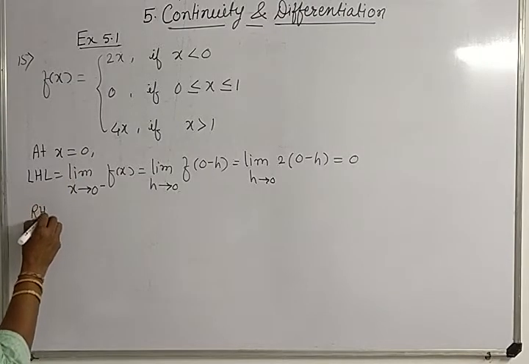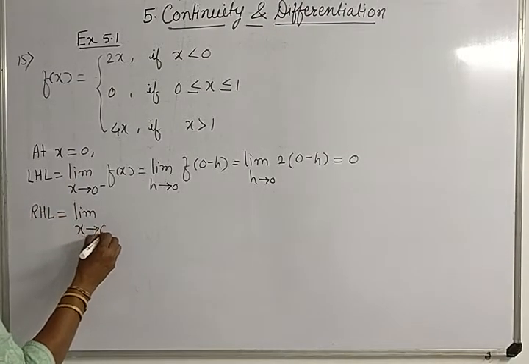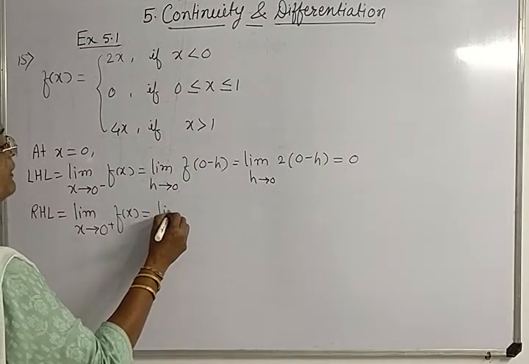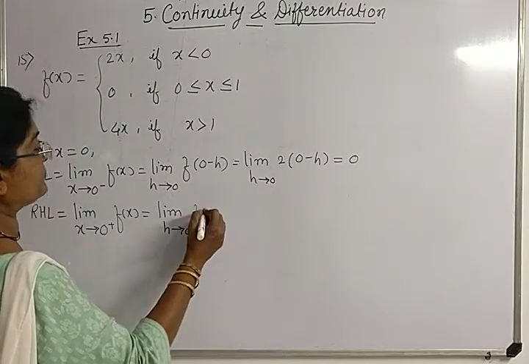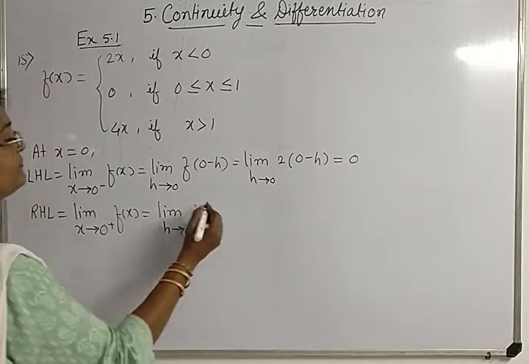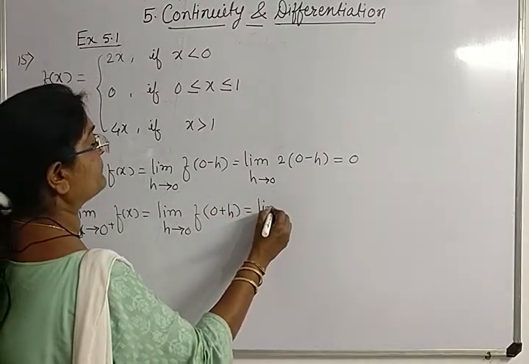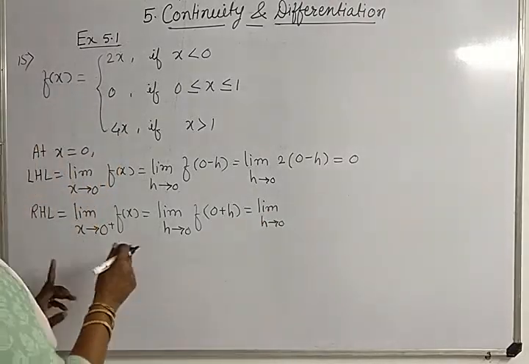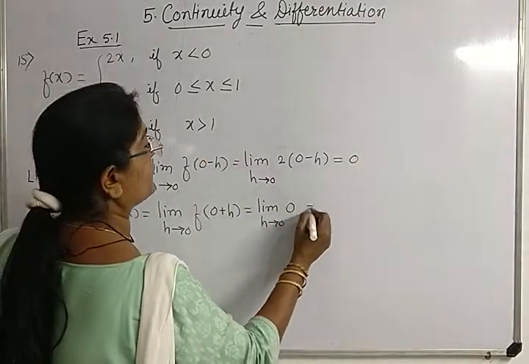Then right hand limit equal to limit as x tends to 0 positive of f of x equal to limit as h tends to 0 of f of 0 plus h equal to limit as h tends to 0 of, for greater than 0 the function is 0, so the answer will be only 0.